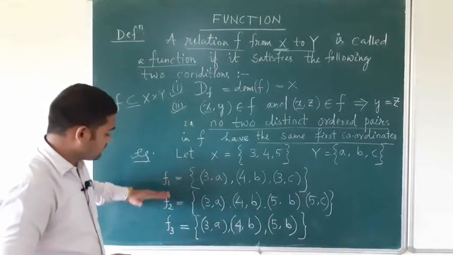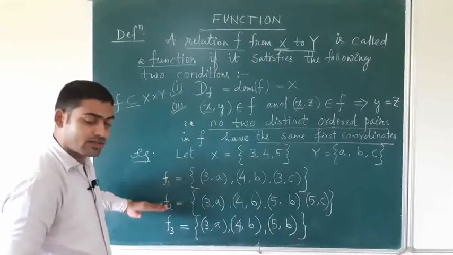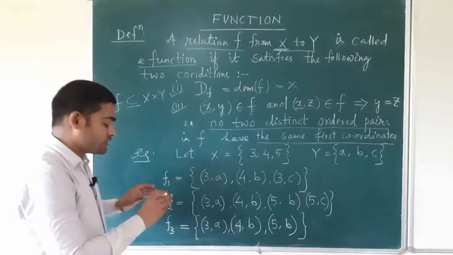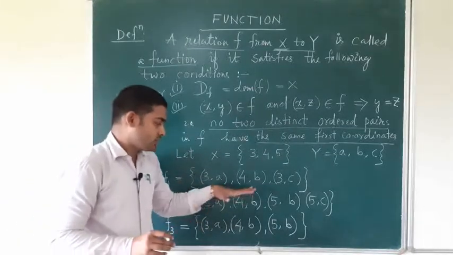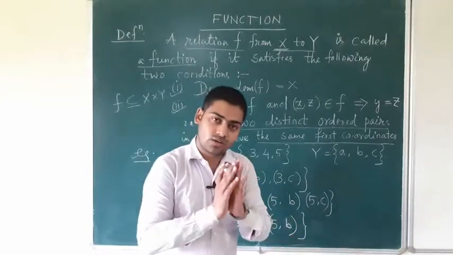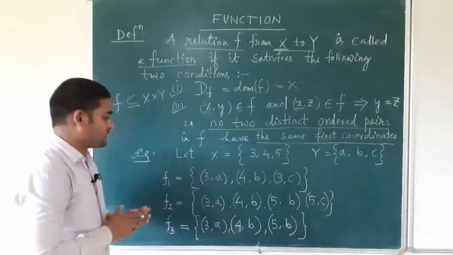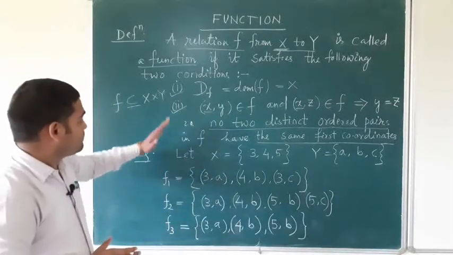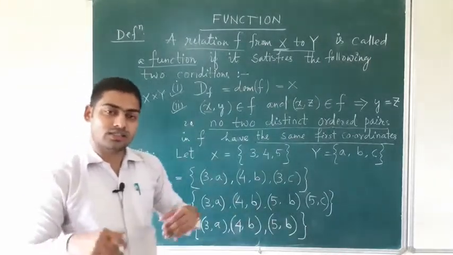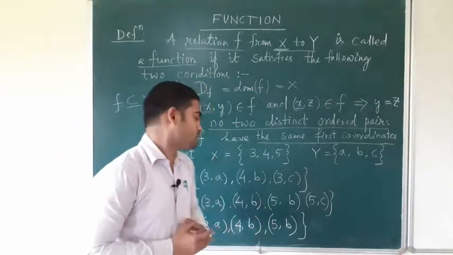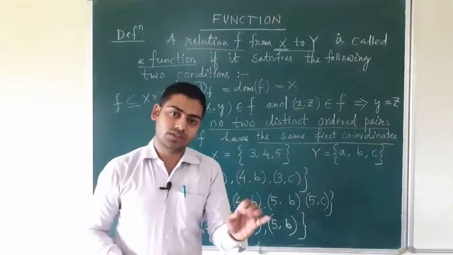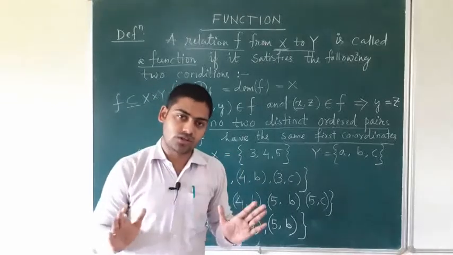Now here three relations are given, and now we check which relations are functions and which are not. So friends, if these two conditions are satisfied, then we can say yes, the relation is a function, otherwise not.